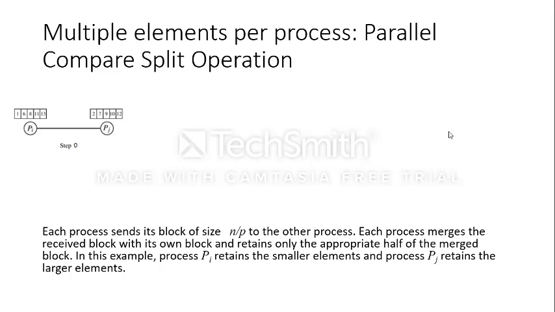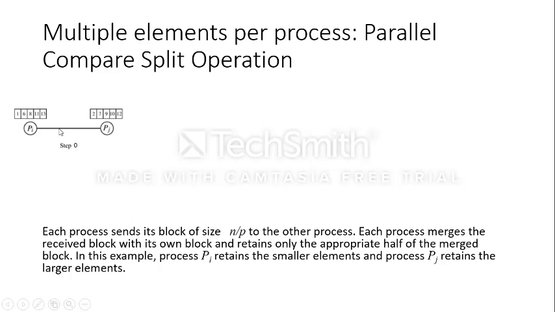Now, the parallel compare split operation. Again, we have the same scenario that there are two different processes Pi and Pj taking part in this compare and split operation. Here we have again assumed that the value of i is less than j.